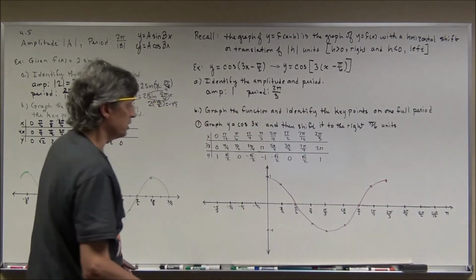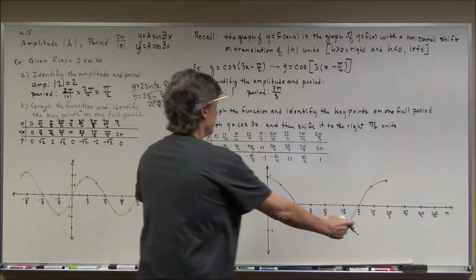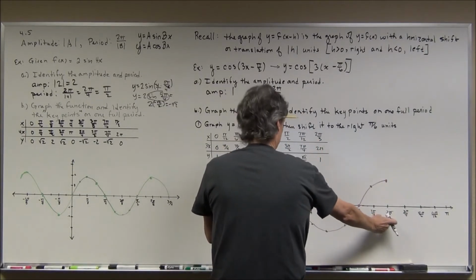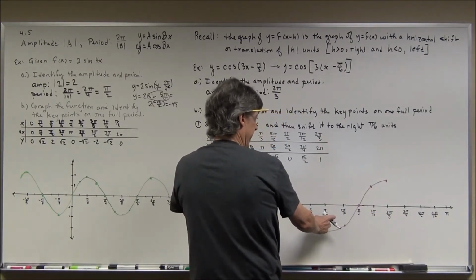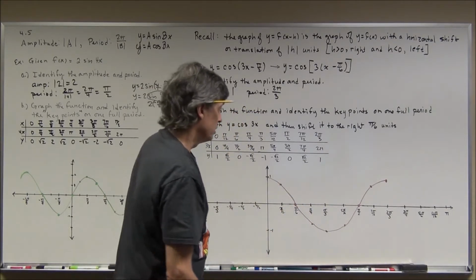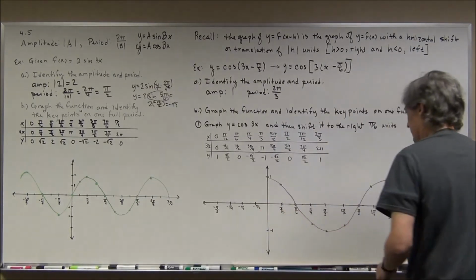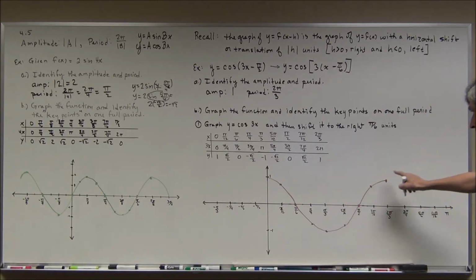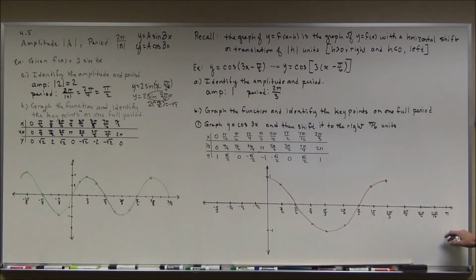And then this would continue. Notice here that the period is 2 pi over 3. So I have one complete half here at pi over 3. My amplitude is 1. So I have to be, let's see, back down to here by the time another pi over 3 happens.